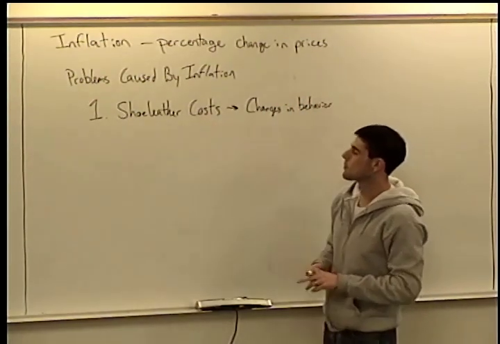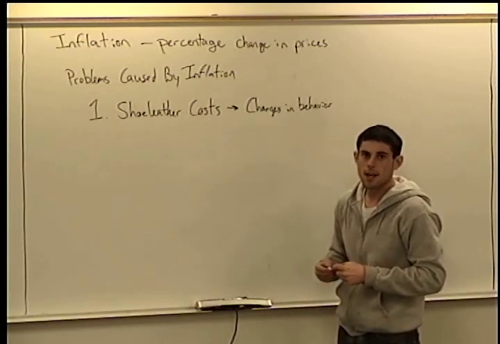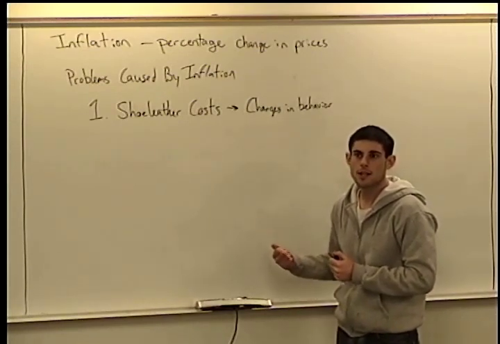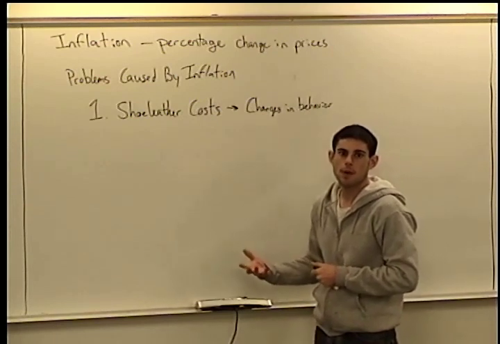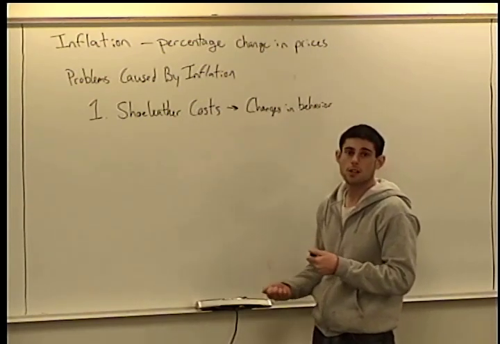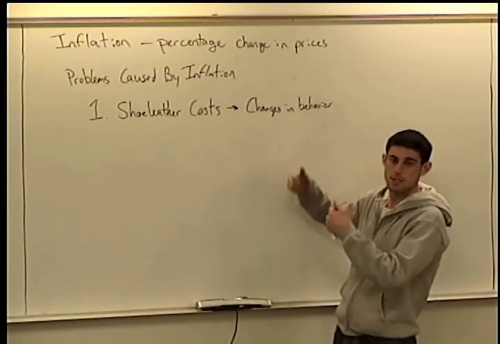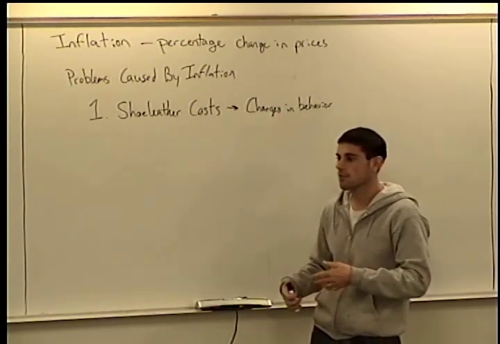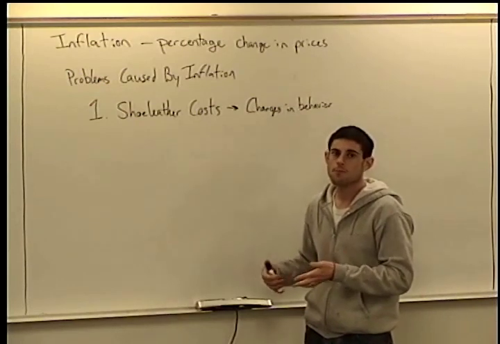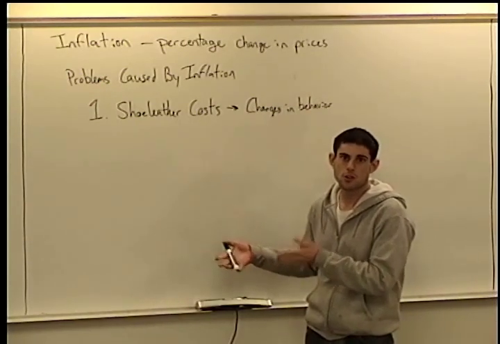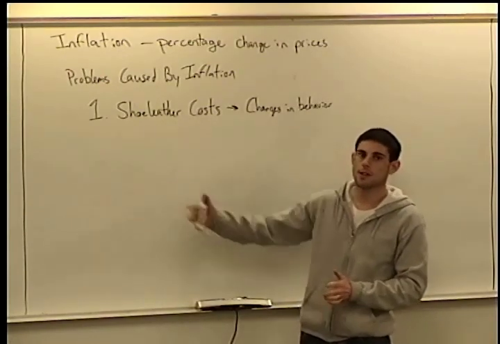Typically what we mean by shoe leather costs is that if inflation was very rapid, people would run to the bank to get out of their money, because if money is just sitting in a bank not collecting interest, or sitting under your bed not collecting interest, it's going to be eaten away because prices go up. So if a Coca-Cola costs $100, well, you can't afford a Coke, so you want to buy Coke while it's cheap instead of while it gets expensive.